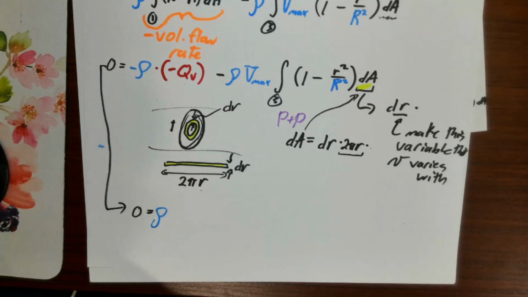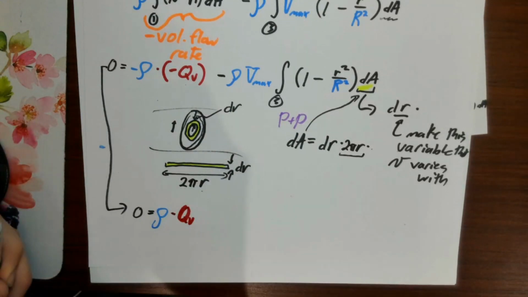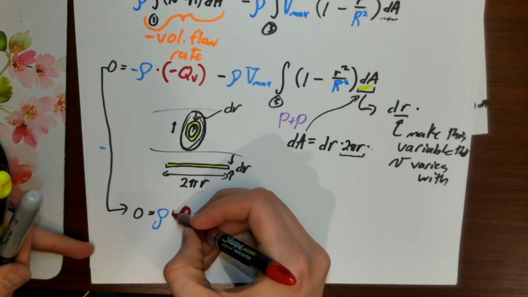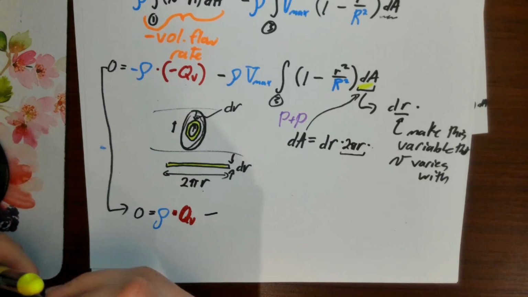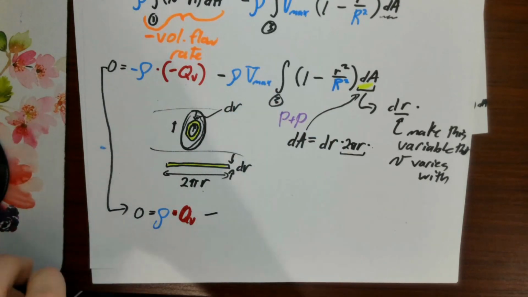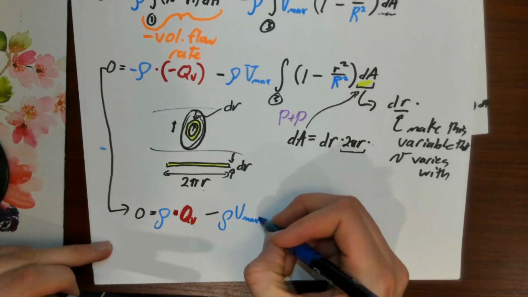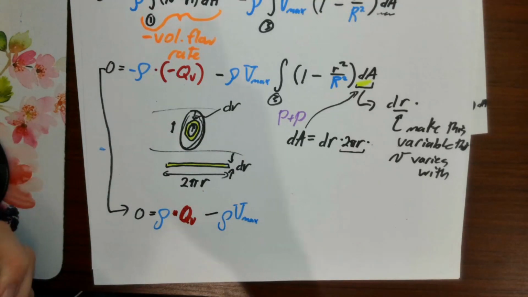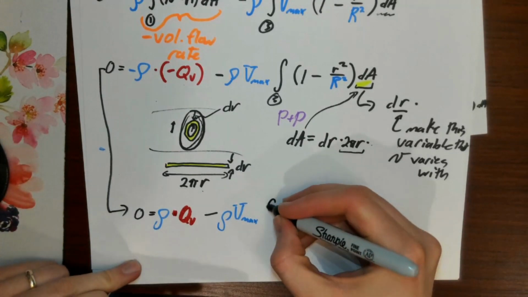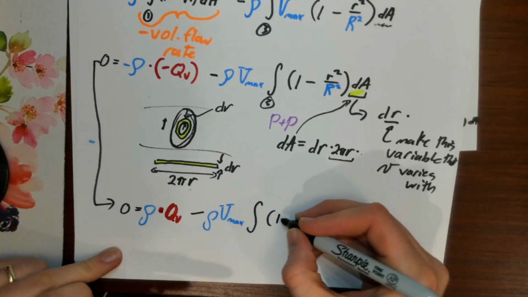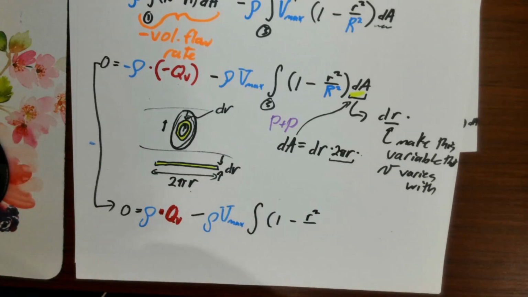So we're going to have rho times QV, and that's going to be equal to minus rho Vmax outside of the integral. Then we're going to integrate 1 minus r squared over big R squared.